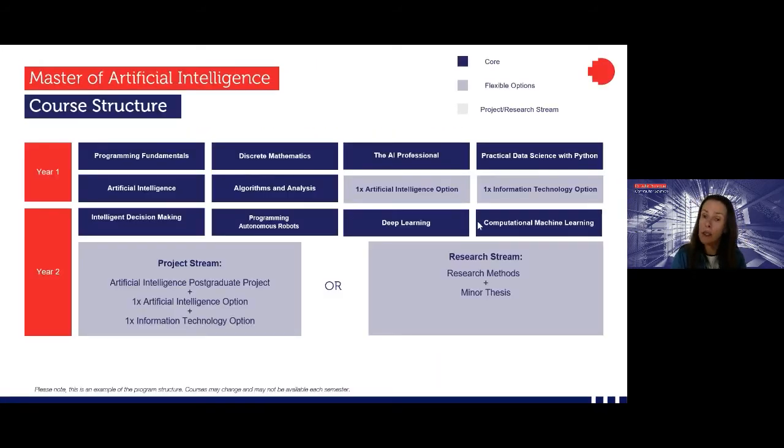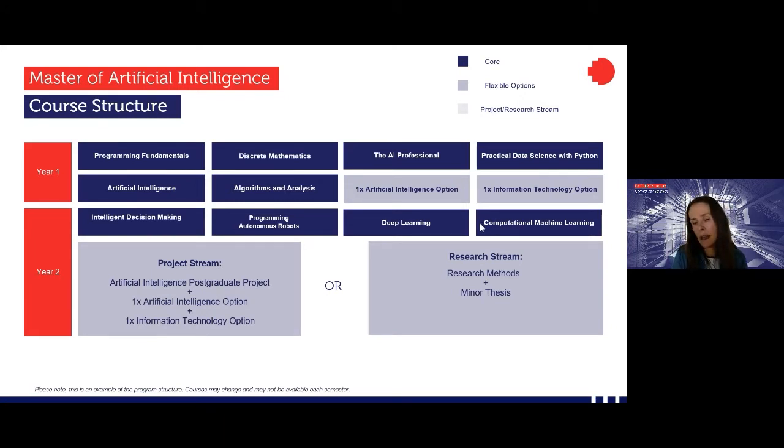Thank you. So on this slide here, there's an outline of the course structure and the 2-year program, and we can see, starting with year 1 there in the first 4 blocks across the top, we could think of those as enabling courses: the programming fundamentals, practical data science, and some core discrete mathematics, which most science students would have been unlikely to have encountered.